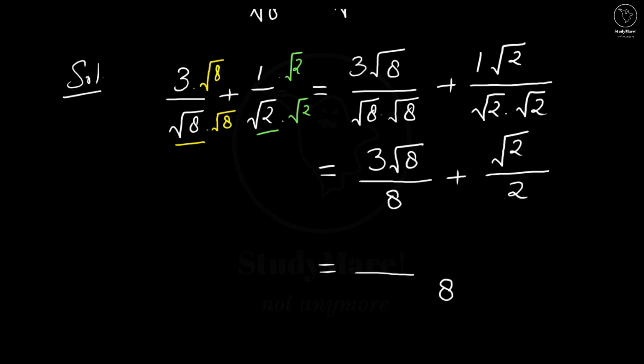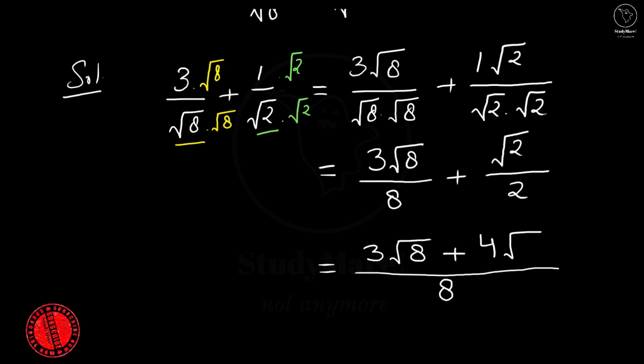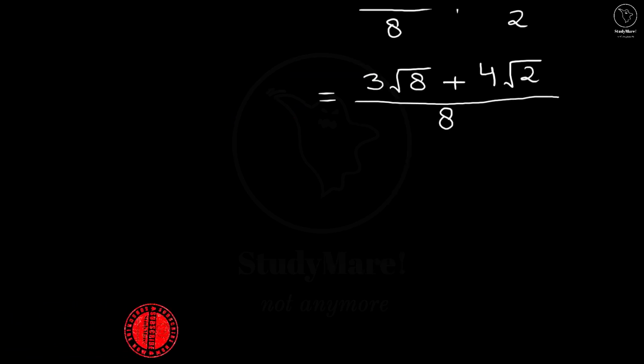So we write it down here, and 8 ones are 8, 1 into 3 root 8 gives us the same, that is 3 root 8, plus 2 fours are 8, and 4 into root 2 gives us 4 into root 2.